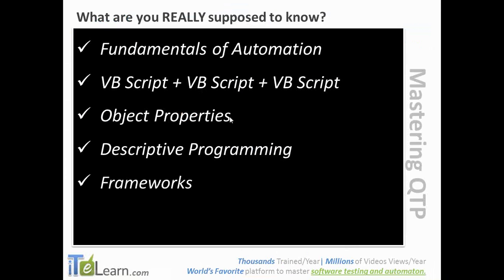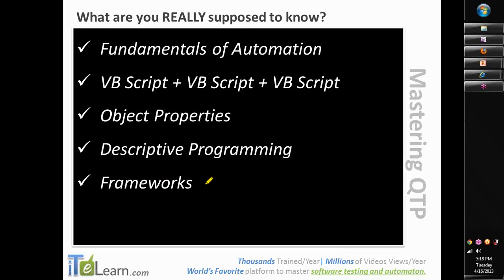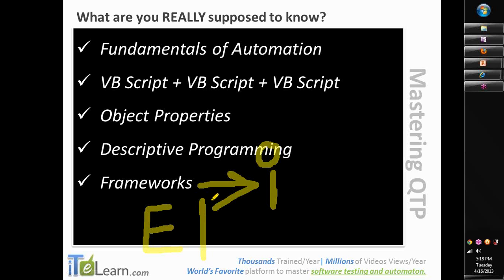Finally, there is the concept of frameworks. Automation frameworks is basically a way, a methodology through which the industry is trying to execute projects in today's world. The industry wants to make sure that the projects being executed are efficient, that they will get reused over periods of time, and that they're accurate.